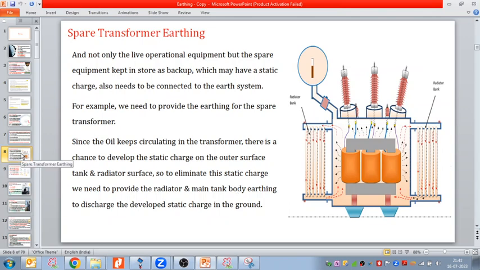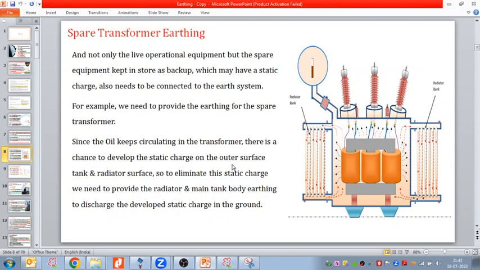Now let us consider the case of system earthing, that is, neutral earthing and neutral grounding. If the neutral of a transformer is not grounded, what could be the hazard?